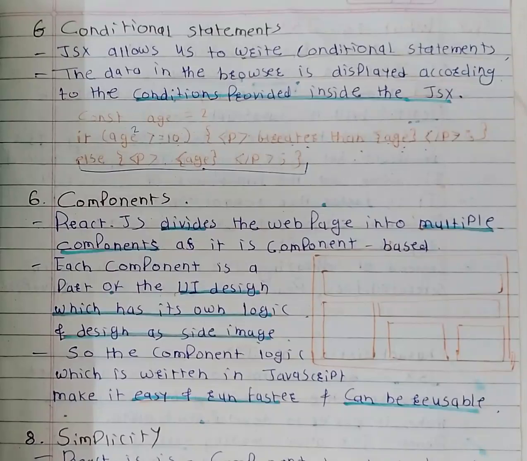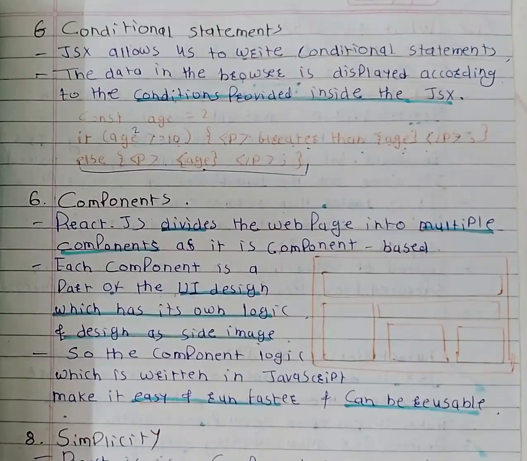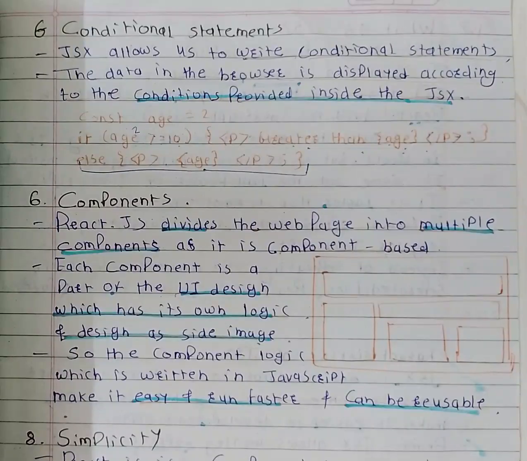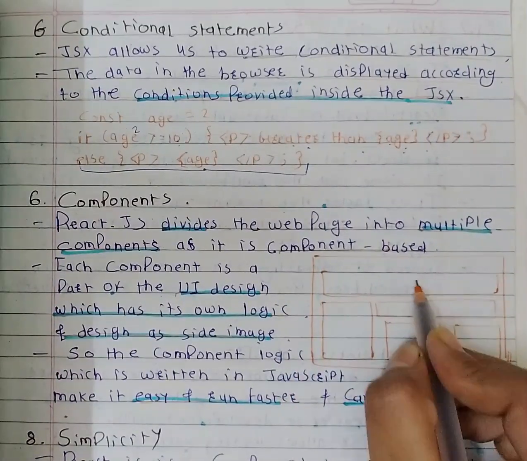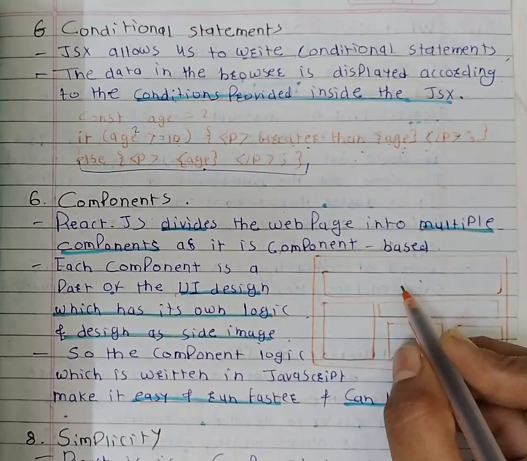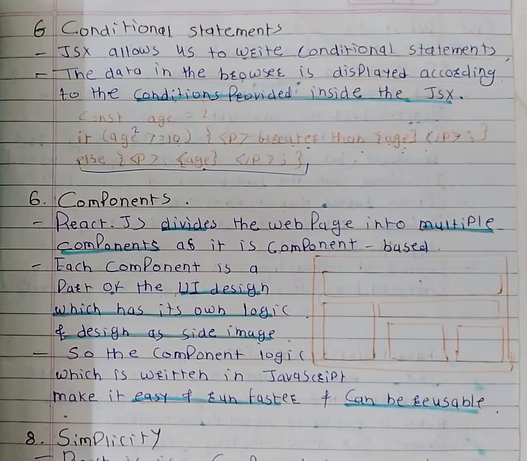Then the next feature of React is components. React.js divides the web page into components, as it is component based. React.js is a popular library which is component based, so it divides every task into smaller chunks of tasks.